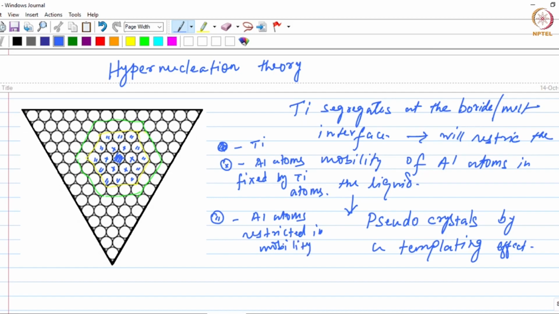So it will extend to some layers into the liquid. The maximum range of that is actually delineated by this outline over here.